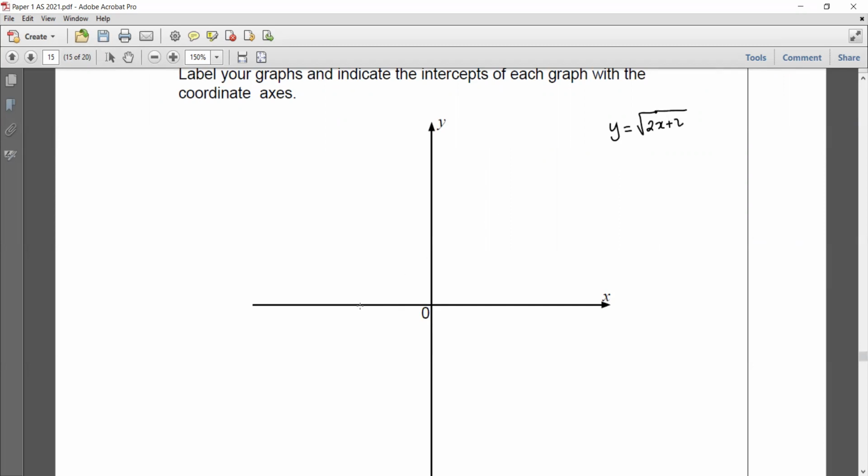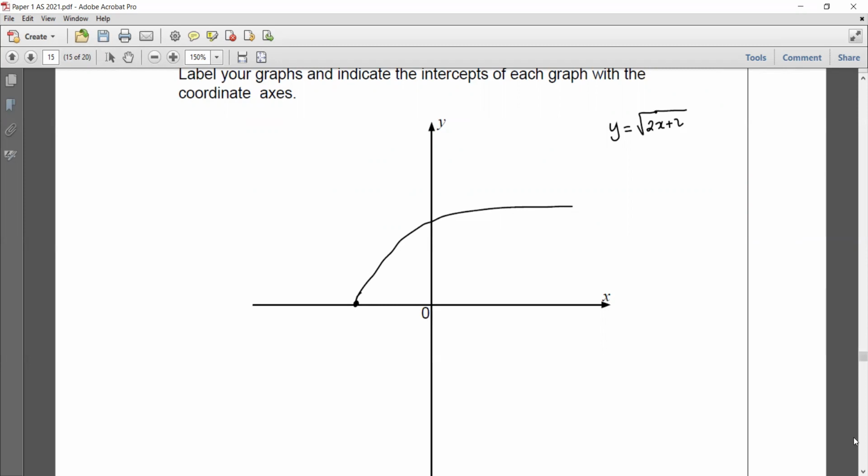We know that when x is equal to -1, that's when we get 0 here. And all our square root functions form an arc like this. They're a parabola that opens up on the y-axis, so it's a half parabola. A normal parabola will go like that. And then this point here, you equate that to 0.